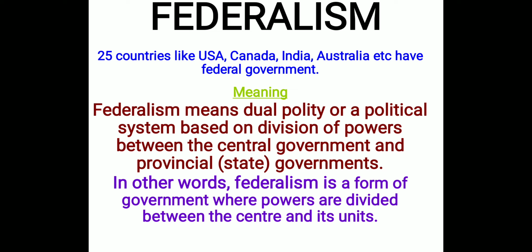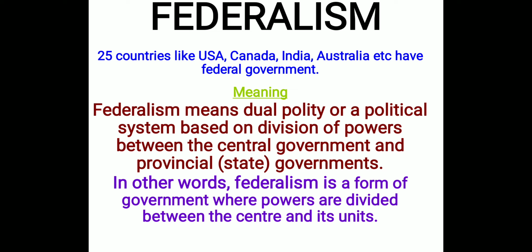Provincial is the state, in other words, or province is the unit. In a federal form of government, the whole country is a unit or collection of units. There are many units which collectively form a federal system.